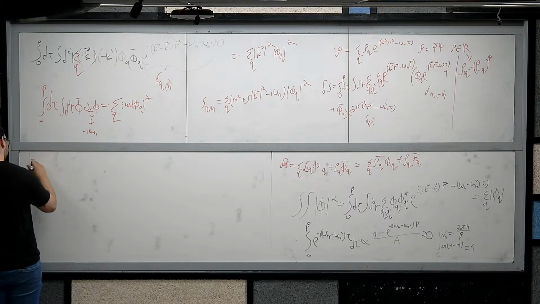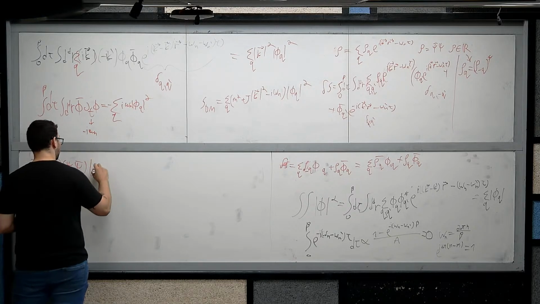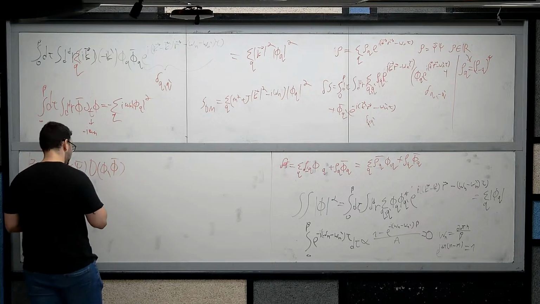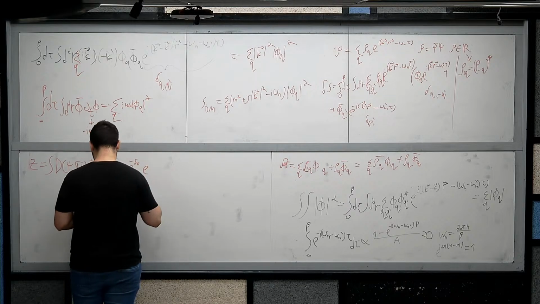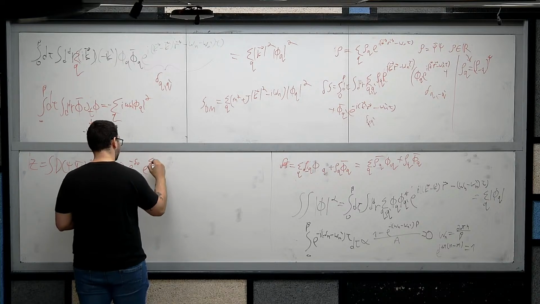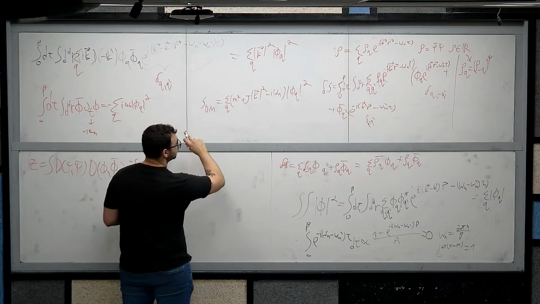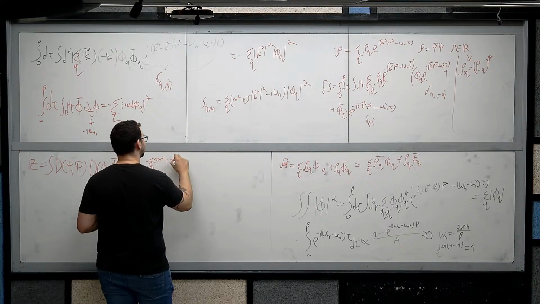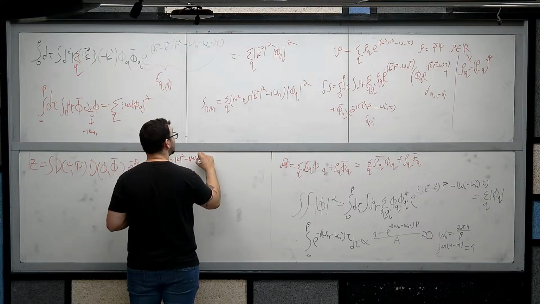Z equals integral of D psi conjugate D psi of e to the minus, of this term squared plus j value k squared minus I omega n.